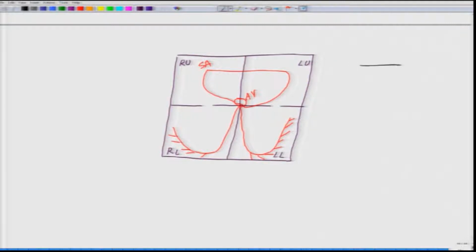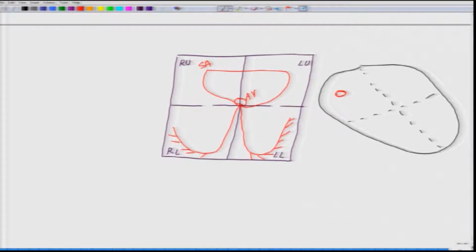And of course, for those who want to visualize it in real life, it is something like this, where you have the heart in four chambers. I'm splitting it up, and here you have the SA node, here you have the AV node. This is traveling like this, this is traveling like this.